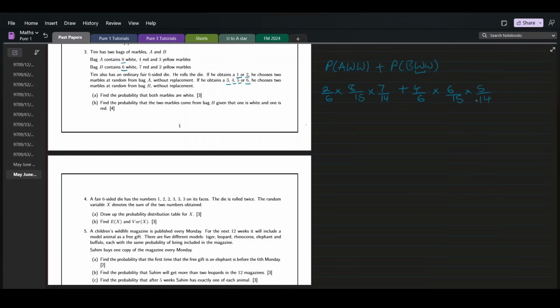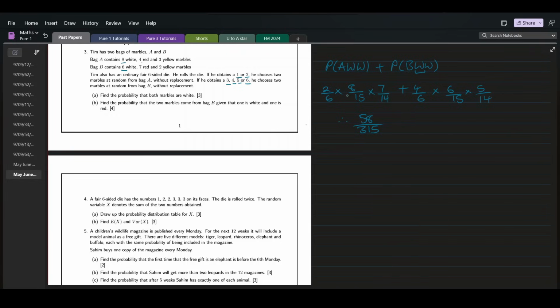So let's punch this into the calculator. That is 2 over 6 by 8 over 15 by 7 over 14 plus 4 over 6 by 6 over 15 by 5 over 14, and this gives us 58 over 315, and that's our final answer for part A.